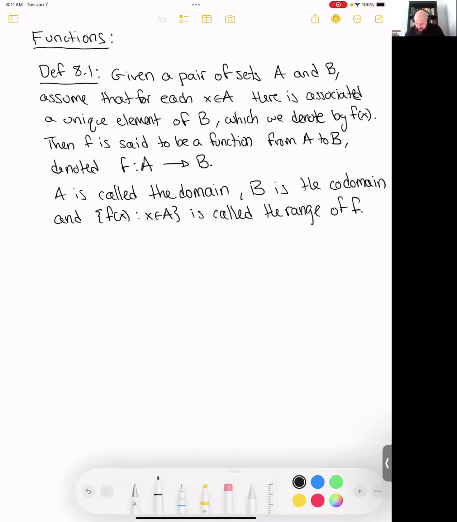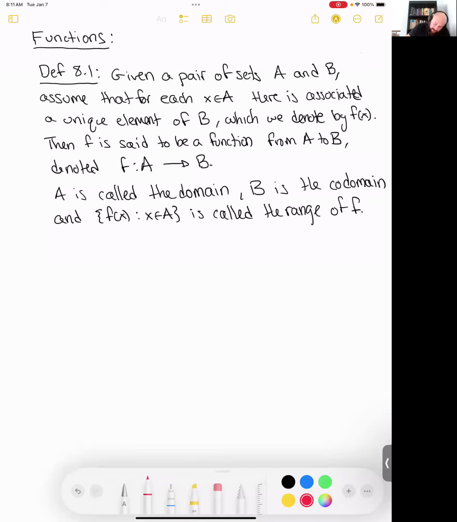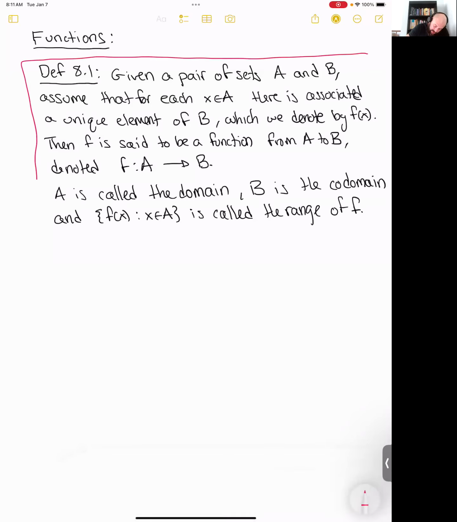Okay, so here is a very careful, perhaps a bit wordy definition of what a function is. For each element in the domain, there is a corresponding element in the codomain.